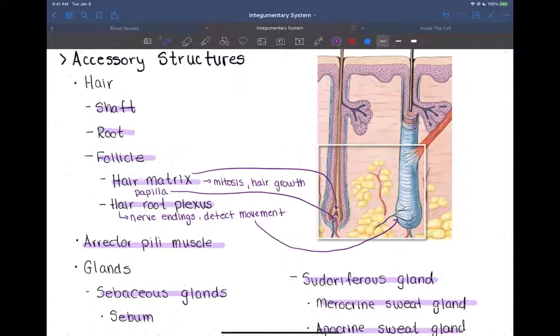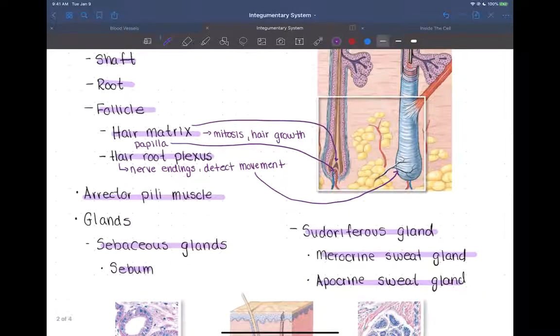Also associated with hair is this really cool muscle, and this is a smooth muscle, so it's an involuntary muscle called the Erector Pili muscle. So the function of the Erector Pili muscle is to make the hair stand up, okay? And so this is actually what causes goosebumps.